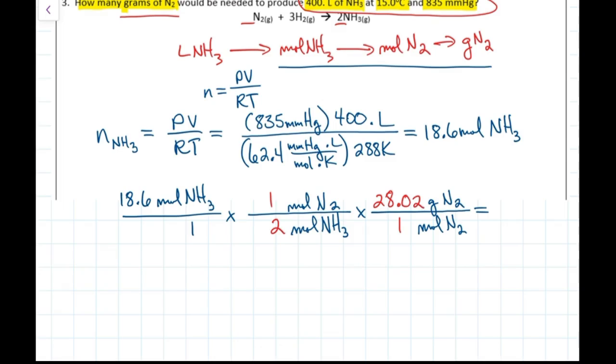And then if I do the multiplication here, I get 260, rounded to, once again, 3 sig figs, looks like 261 grams of N2. And we're going to talk next time a little bit about how we do a mental check to see if this answer makes sense. But this is the correct answer.